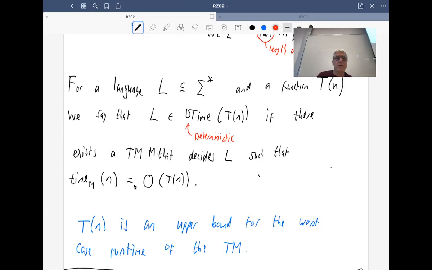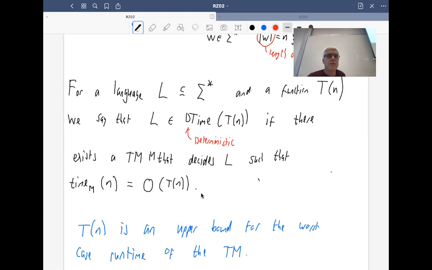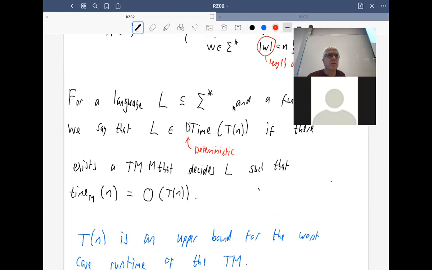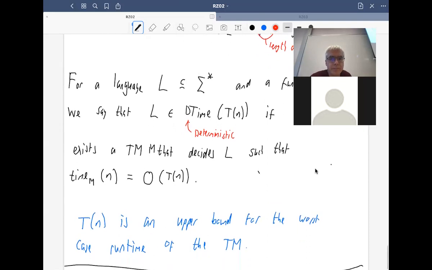So we ignore initial cases here, but the other important point is that because we're using big O, there's a constant factor on the right-hand side. So if we're big O of n cubed, for example, that means the runtime could be 427 n cubed, or it could be 653 n cubed. It doesn't matter. Any function with that sort of runtime is still going to be in deterministic time n cubed. Okay.